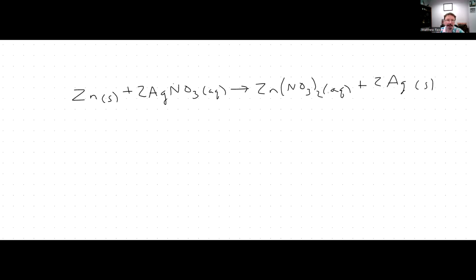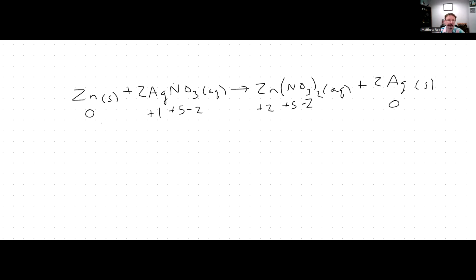So free element by itself, 0. Got an ionic compound here. Silver would be a +1, oxygen a -2, nitrogen a +5. Over here, the zinc is a +2. The nitrogens are a +5. The oxygens are -2. And our silver now is an element in its natural or free element form, no charge by itself.